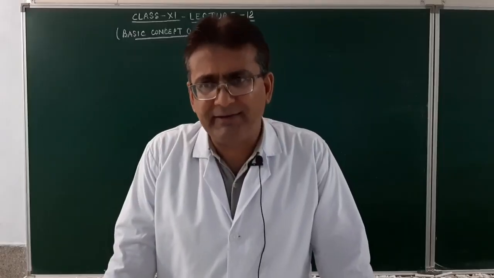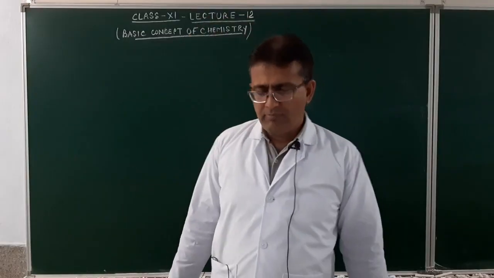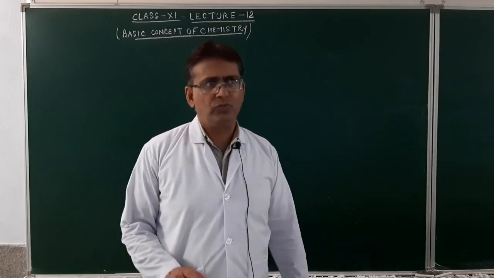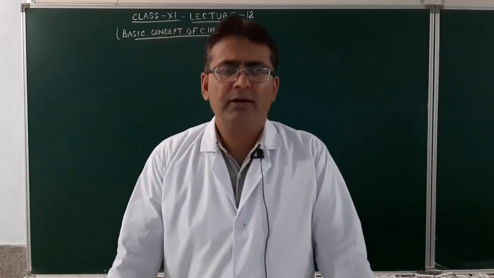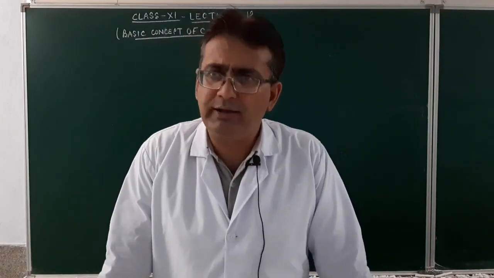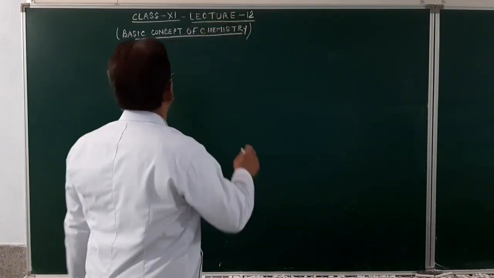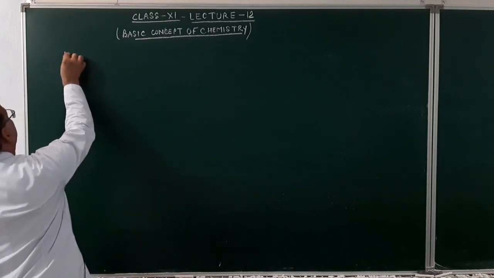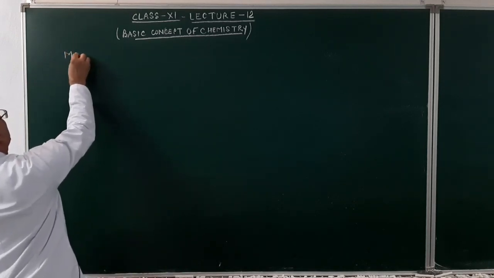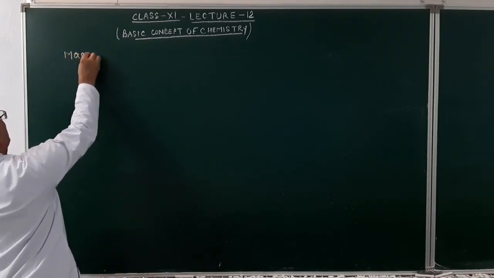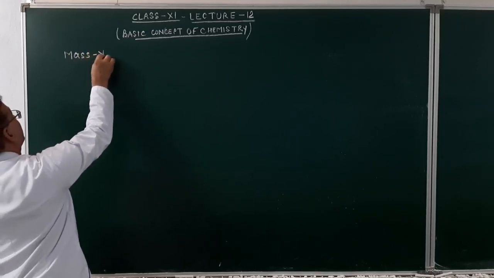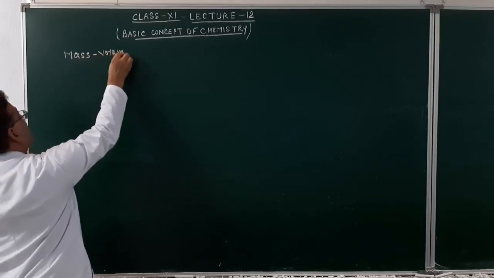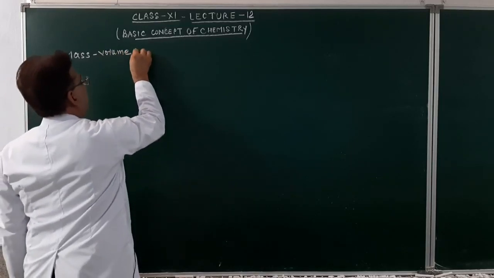This kind of numerical problem you have done. So after the mass-mass relationship, next is the mass and volume relationship. That is, from the mass of one substance, the volume of another is to be calculated. That is the mass and volume relationship.